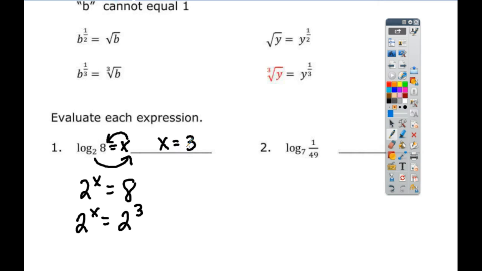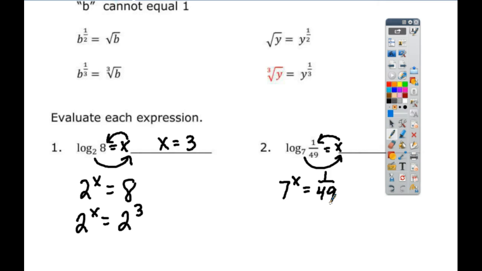So I'm going to do the same thing. One log, you have to do the circle. Put equals x and do the circle. So I have 7 to the x equals 1 over 49. I want common bases, so I'm going to have to use 7, right?